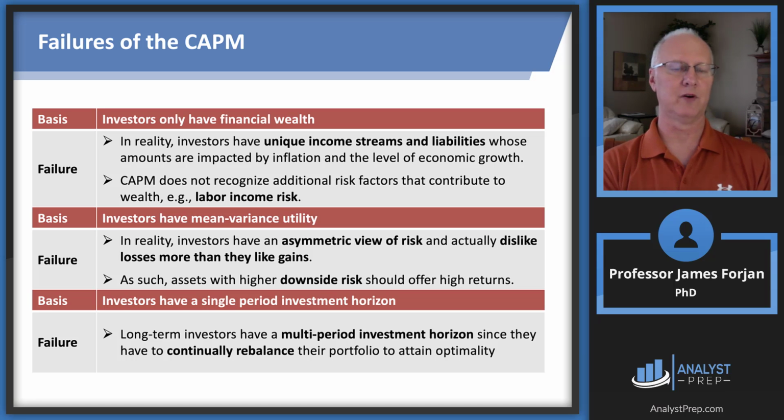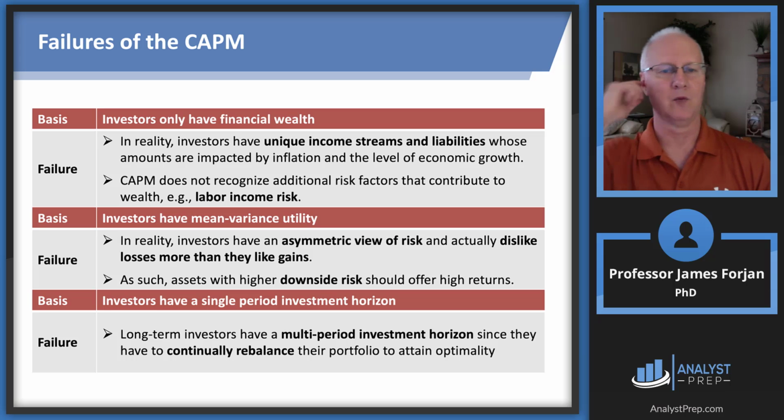So look at that first arrow point there. Investors in reality have an asymmetric view of risk. What that means is that from a statistical standpoint, there's probably not going to be a normal distribution. There's probably going to be skewness and maybe even some kurtosis. We talked about that in one of the previous lessons.